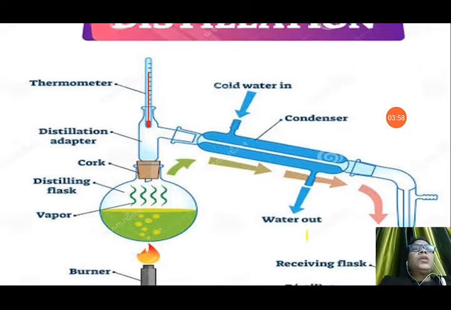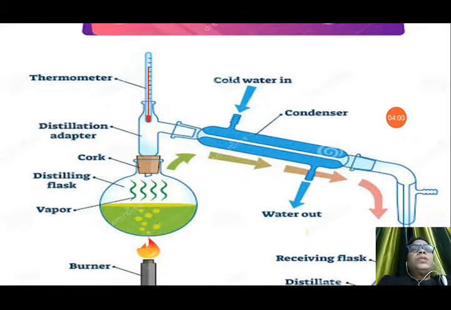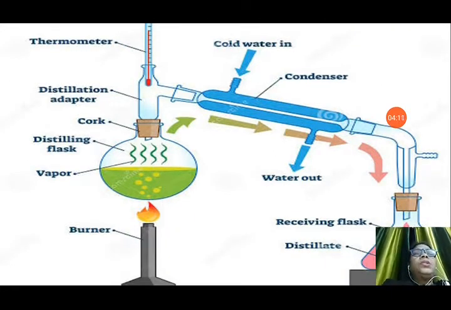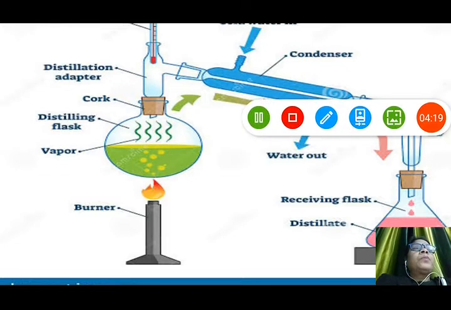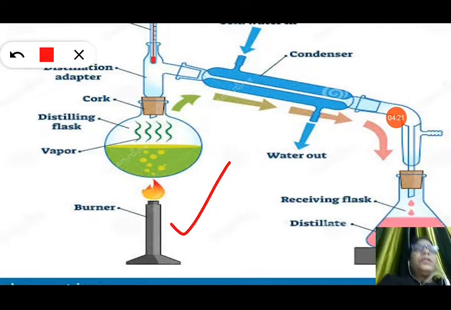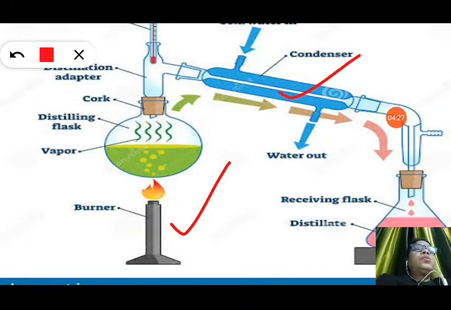You can see the picture here. A thermometer is set here so that boiling can be seen. This is the distillation flask, an apparatus set up for distillation. In this we boil the water with the help of a burner. You can see the burner downside. With the help of the burner, we heat the mixture, and only the water will evaporate and pass to the condenser.